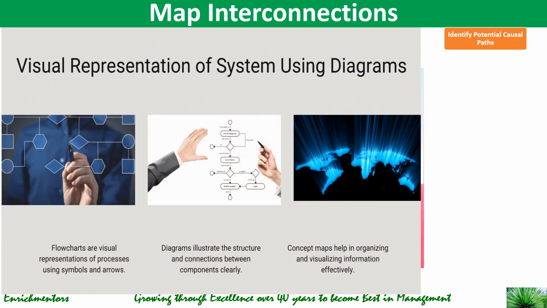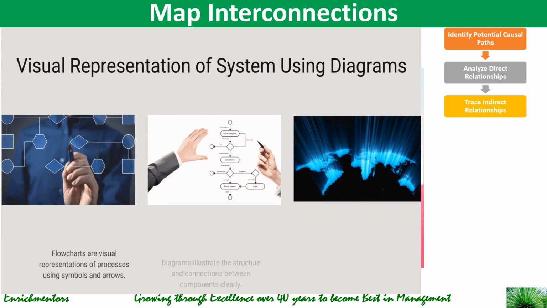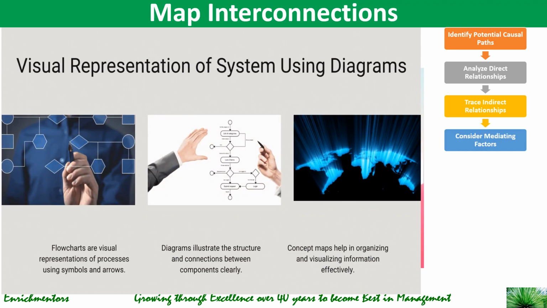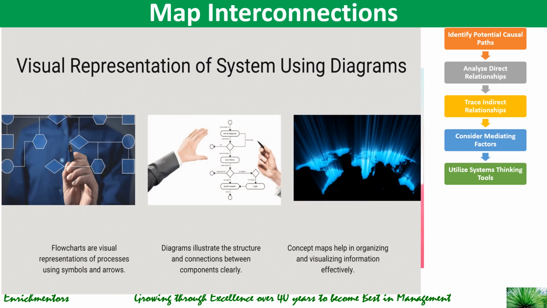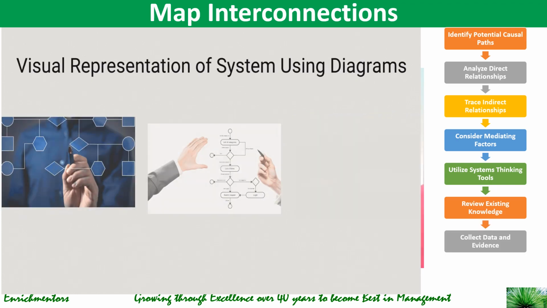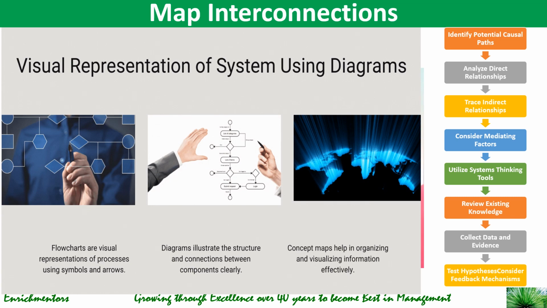It starts by identifying the potential causal paths, then analyzing direct relationships, tracing indirect relationships, considering mediating factors, utilizing system thinking tools, reviewing existing knowledge to validate or invalidate your hypothesis, and collecting data and evidence to test the hypothesis.